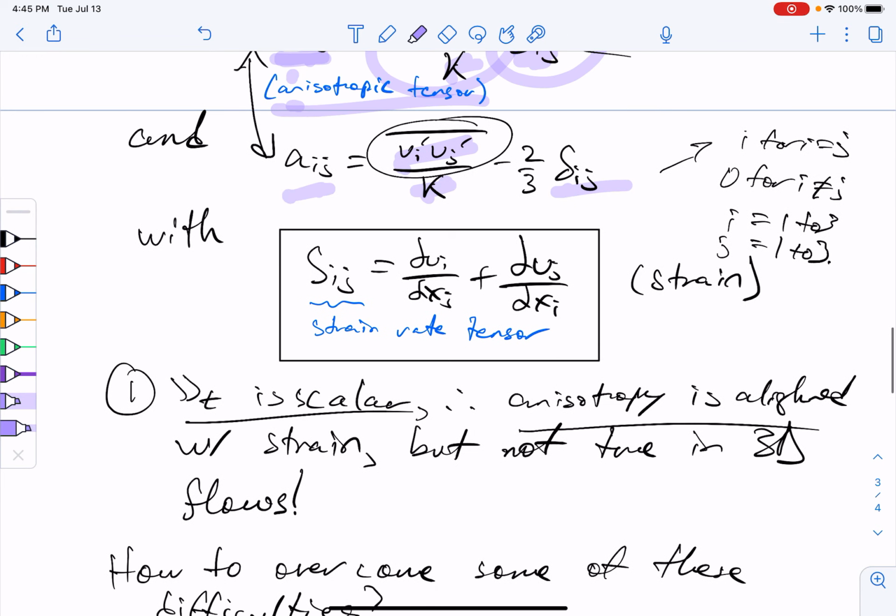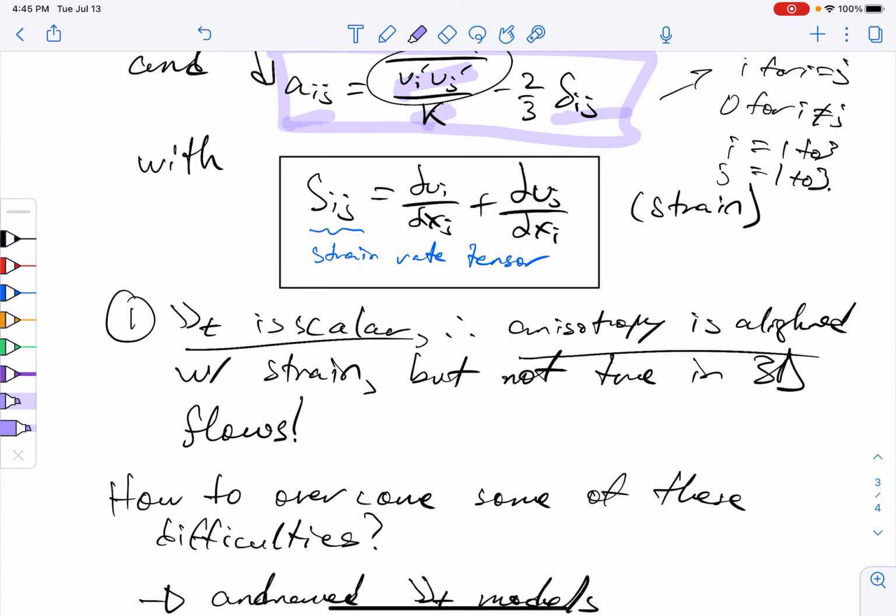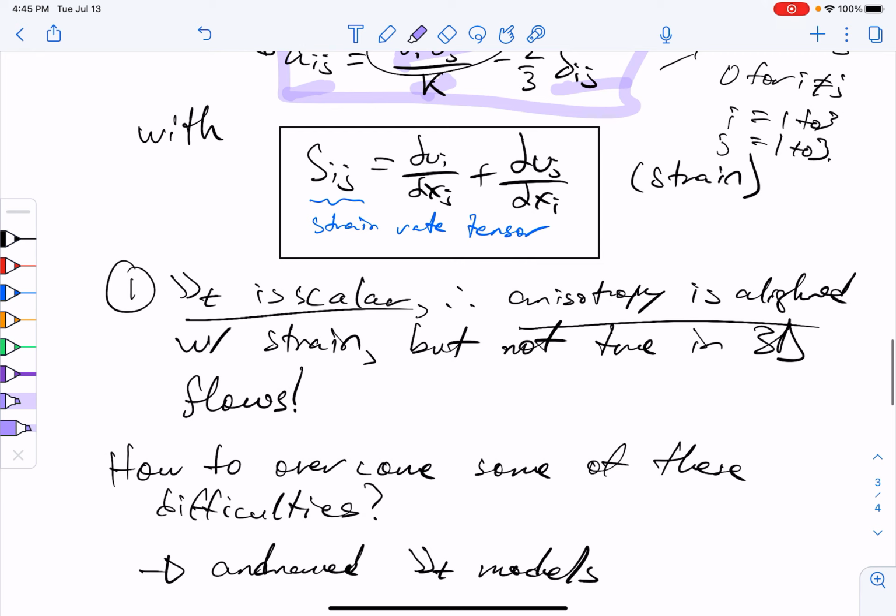But this is obviously not true in the definition of a_ij. It forces it to be perfectly aligned, but experiments show this is not the case at all when you're dealing with S_ij. So what does this mean? For 3D flows, that alignment forces us to get incorrect predictions.